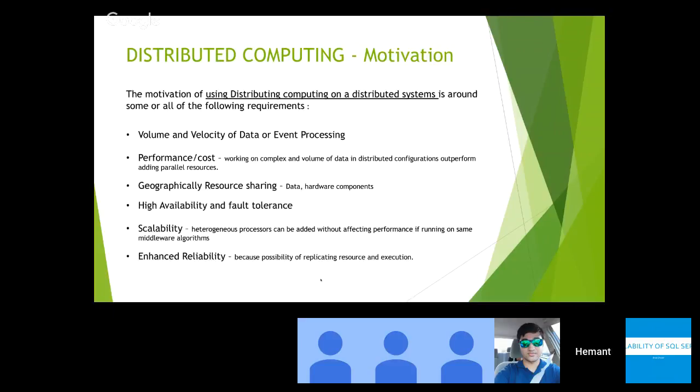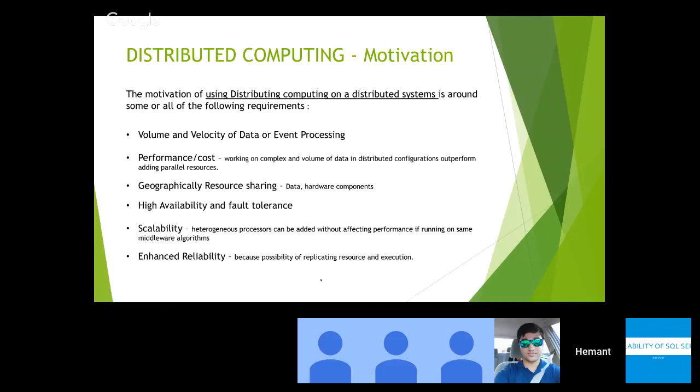Now, I talked about the characteristics of what we are looking at, but what actually motivates going to distributed computing? Basically, there are 4 or 5 important things which drive any platform or system to go to distributed computing.